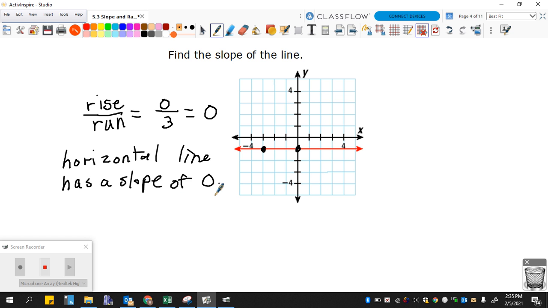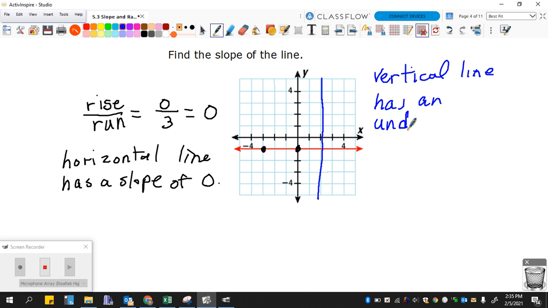I might come back to that in just a minute. If we have another line, say a line that goes straight up or down, like that blue line, that is a vertical line and it has no slope. So a vertical line, we say, has an undefined slope.